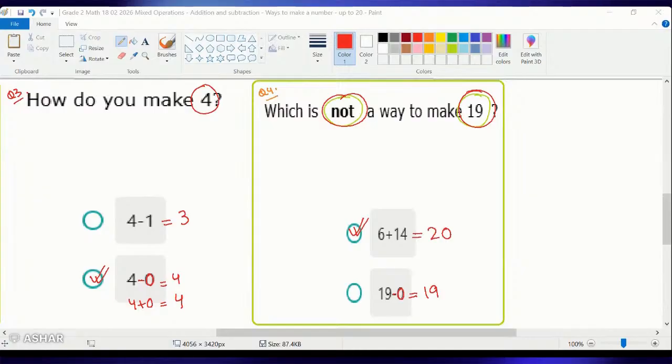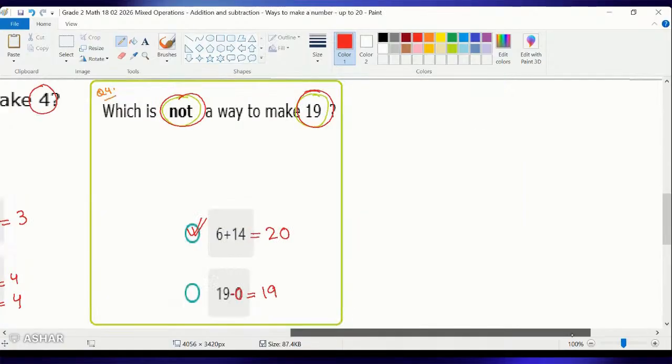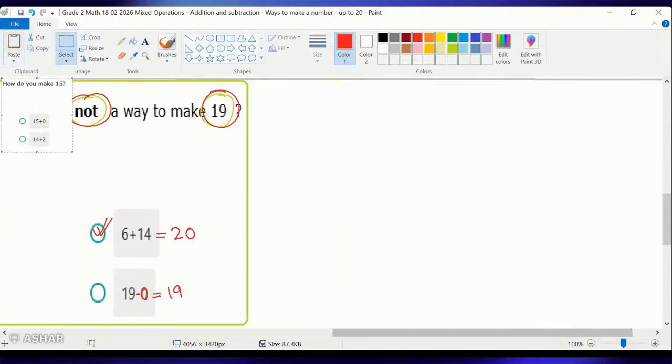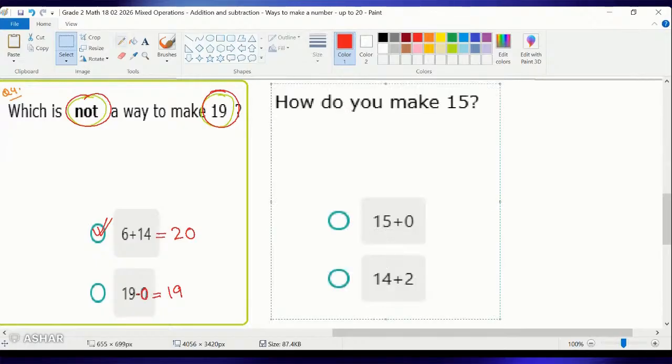The next question says, how do you make a 15? There could be many options to make a 15, but we need to select from the given 2 options. Question number 5, make a 15.